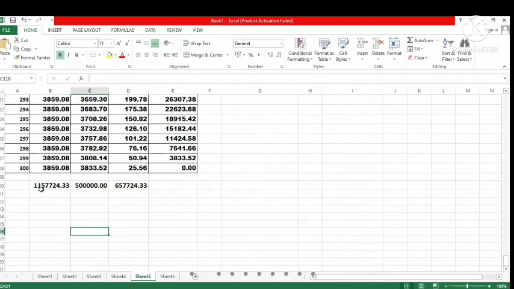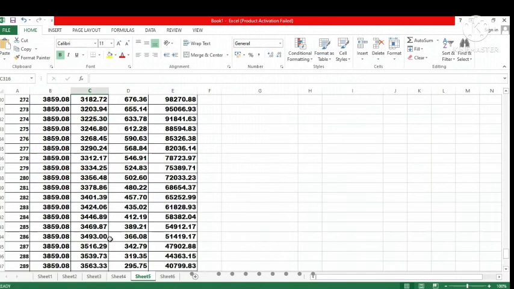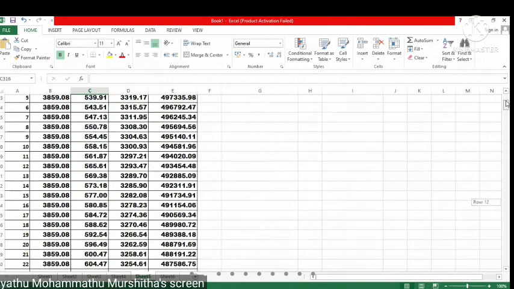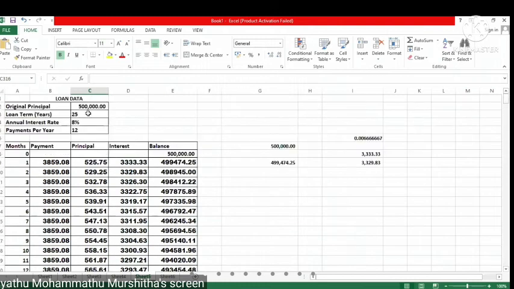The person paid 5 lakhs to settle the 5 lakh loan. Totally the person paid 11 lakhs 57,724.33. So what is the interest he paid? 6 lakhs 57,724.33.